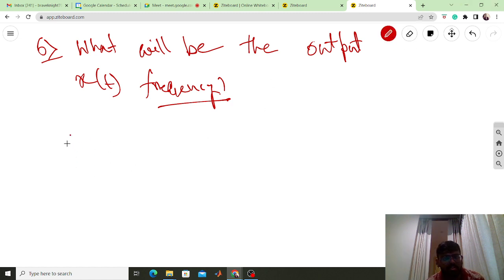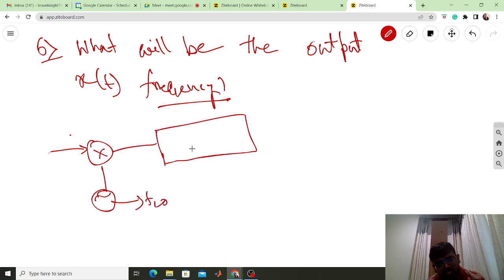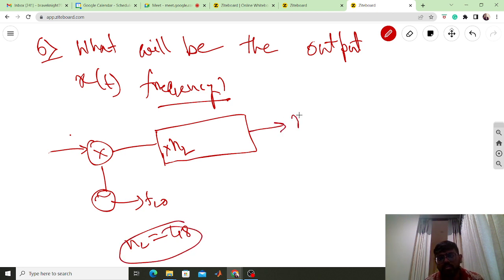There was a local oscillator, some blocks are coming, and there was a local oscillator, and this was the FLO, and then it was going through a N2 times multiplier, but the N2 value was given equal to 48. So what will be the output of xt? That is the question. What is the frequency of this xt signal, where xt is this signal?